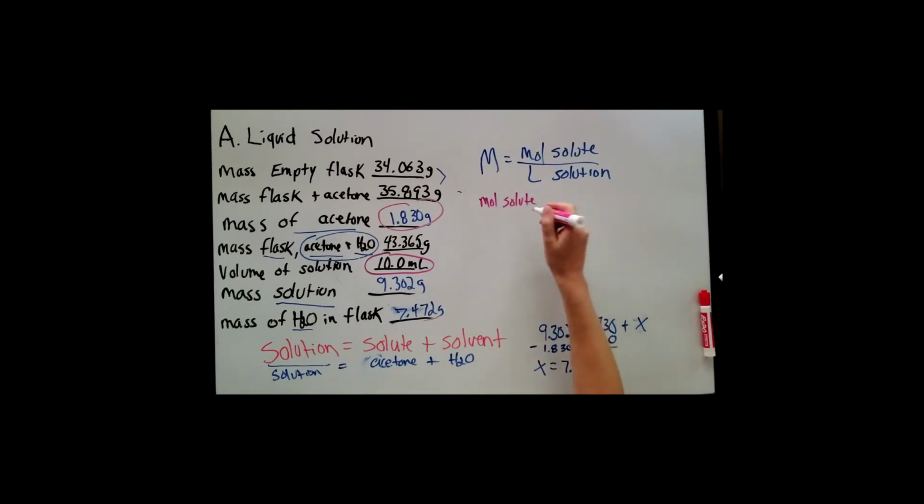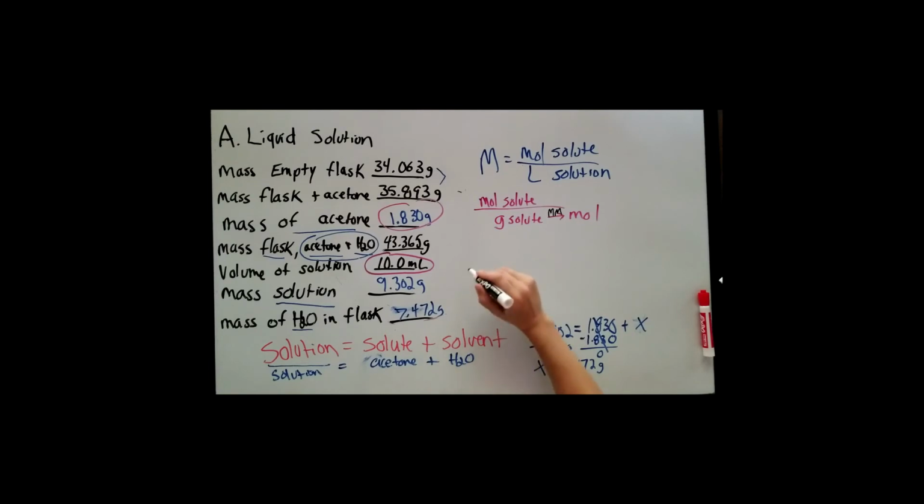Okay, well, I have grams of solute. I don't want grams, so I'm going to need to get it in moles somehow. So how do we go from grams to moles? We use molar mass. Okay, so first step is to figure out what's the molar mass of acetone.